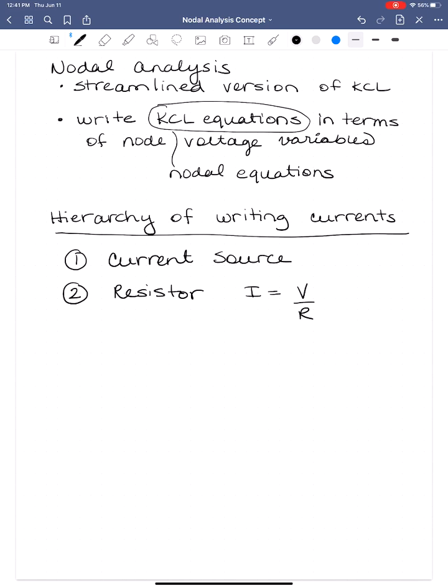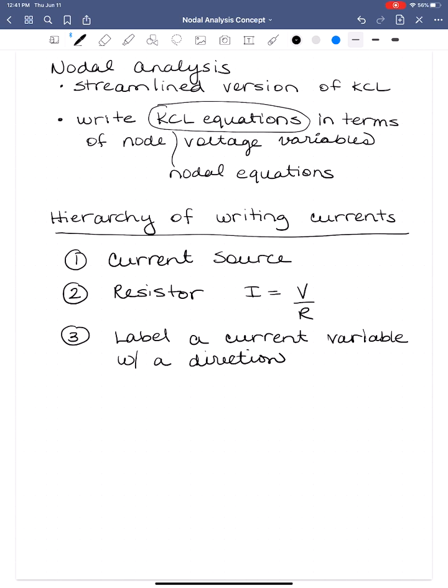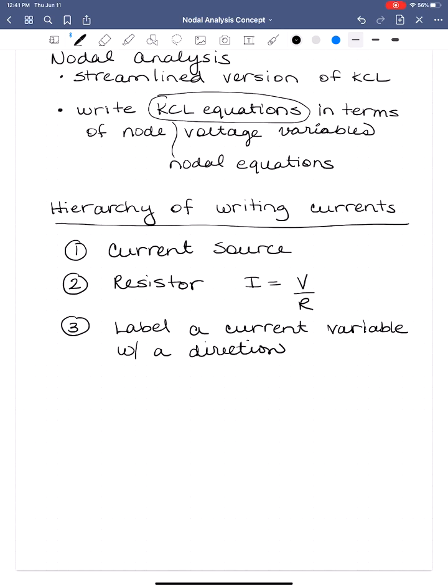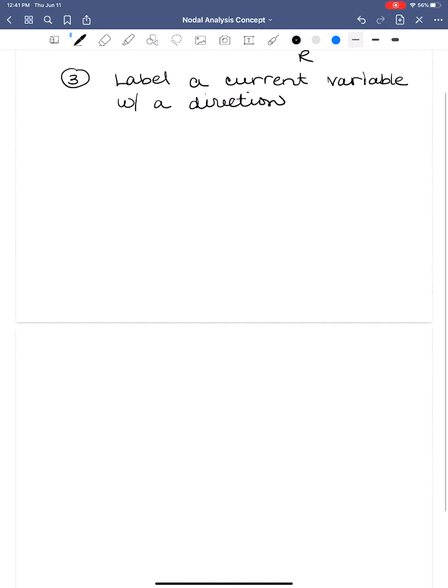If it's not one and it's not two, we only have one more option, and that option is to label a current variable with a direction. Those are our three choices. We can't do anything else other than that. So let's talk about the steps for nodal analysis.